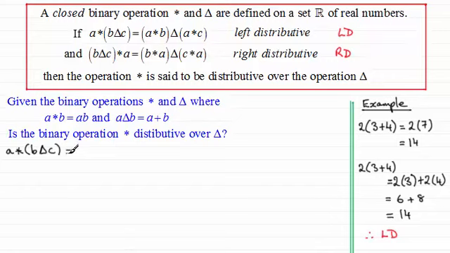So what we've got then is A star, and then for B triangle C, we see that we add the 2 elements. So in this case, it's going to be B plus C. So I'll just put that in brackets as B plus C. And then using this definition here for A star B, we see that it's the product of the 2 values here. So it's going to be A multiplied with B plus C.